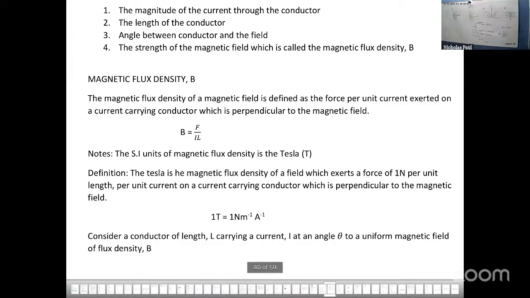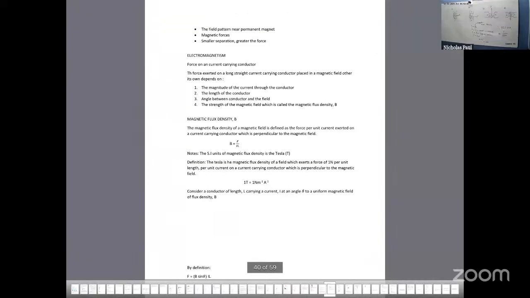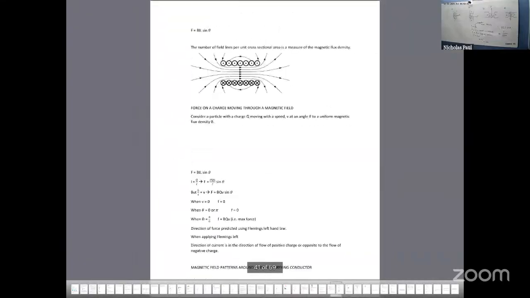Except for that, you can ignore that there, everything else okay. Perpendicular, so theta is 90 and sine 90 is 1, so we can eliminate sine theta. So 1 Tesla is equal to 1 Newton per meter per ampere. Everything comes from that definition.